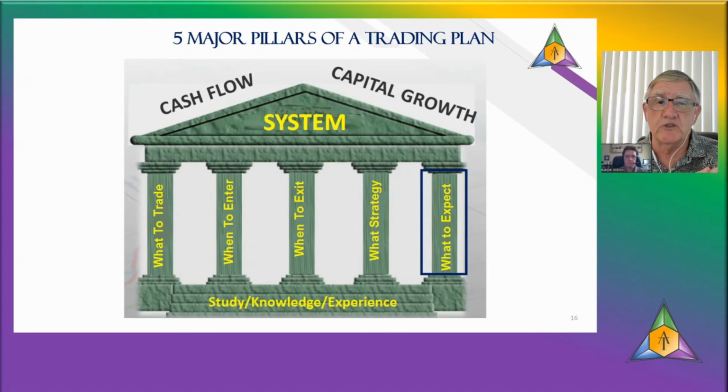So my win-loss ratio is about 65 to 75%. I also know that on average I have returned about 32% per year through the years. So it sounds like you can factor in some math to figure out what you can expect for every dollar you invest. That's exactly right.